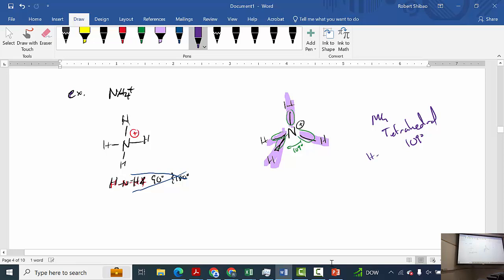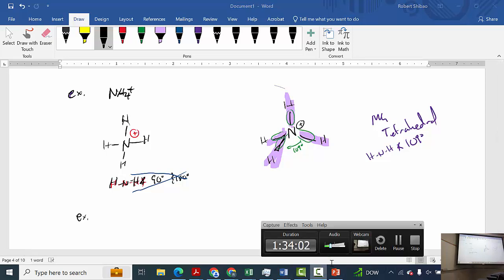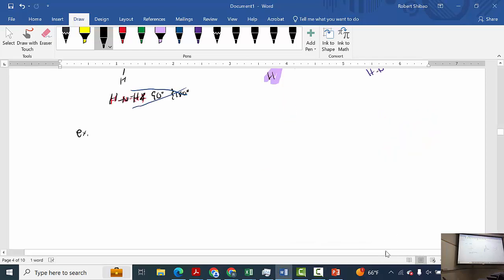No. And so the molecular geometry is tetrahedral, and the angle is going to be 109 degrees or 109.5 degrees. This is the HNH angle. Okay, let's stop here. We'll take a break and then continue after the break.